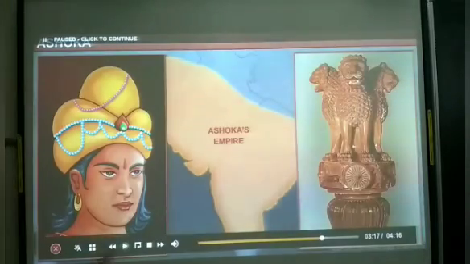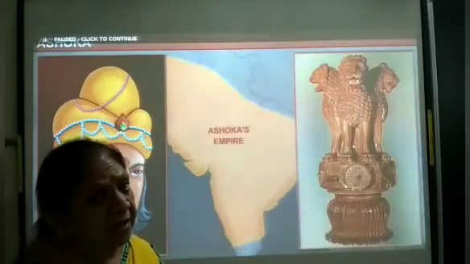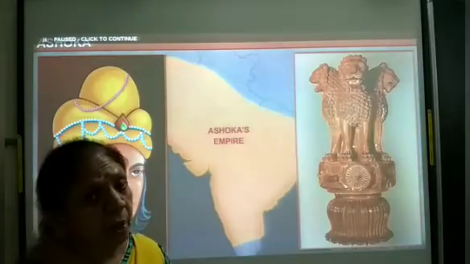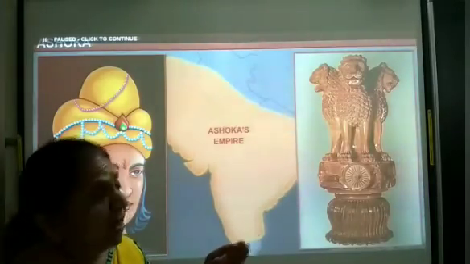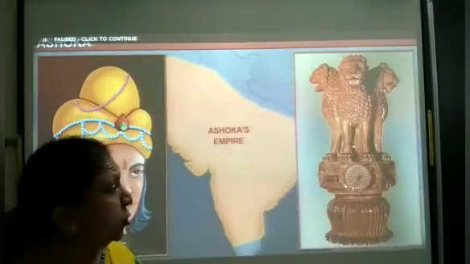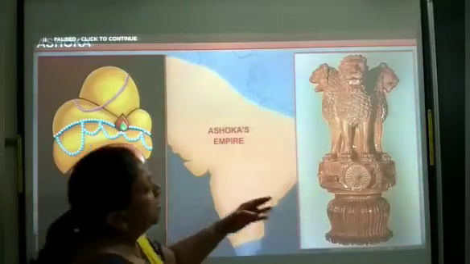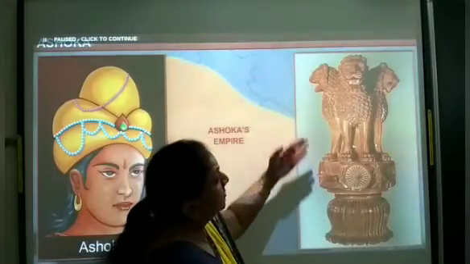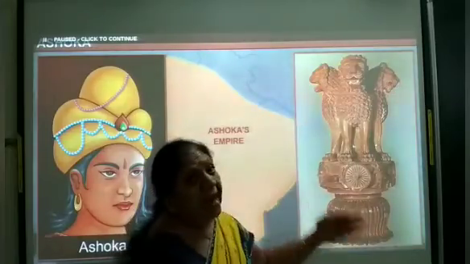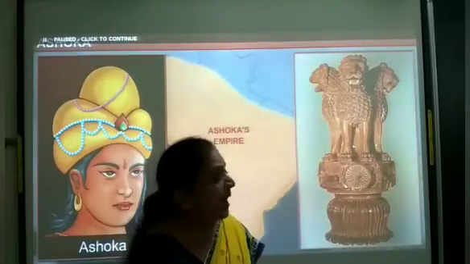See here, he ruled for 40 years, but after the Kalinga war he stopped and followed Buddhism. He even sent his daughter and son to spread Buddhism. He was so great that even in our emblem we have what he followed, the lion capital.